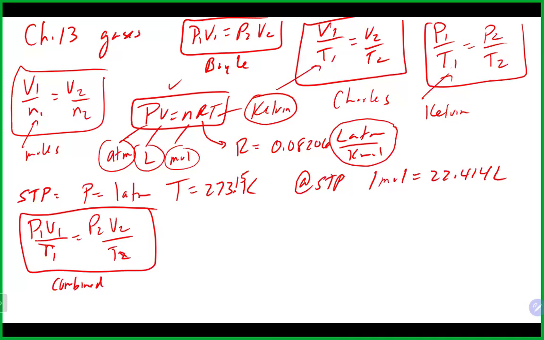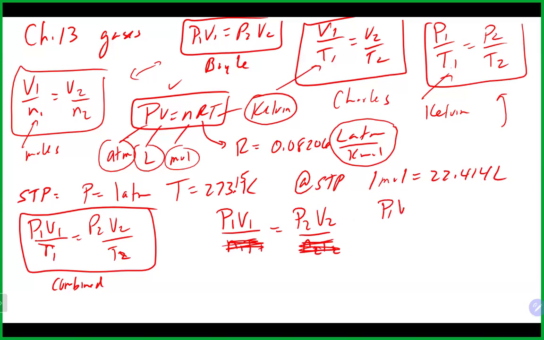This is a really good one to remember, in that version, like I boxed, or sometimes the version where it still has the moles in it, because you could get all the gas laws up here pretty much from it. What you do is just scratch out whatever is held constant or whatever is not mentioned in the problem. So if you weren't given any moles or temperature, you just scratch it out and you've got Boyle's law.